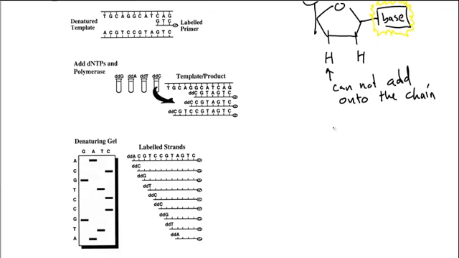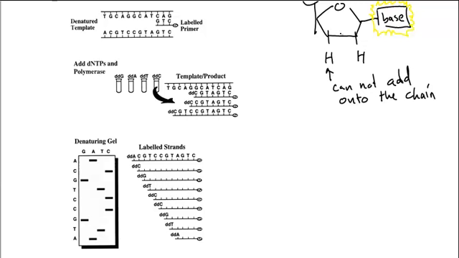So what we do is we create the polymerase reaction with a mixture of the different fluorescent dideoxy bases and of the normal bases, or normal nucleotides. And at random, sometimes you'll incorporate the normal nucleotide and the chain will continue to grow.